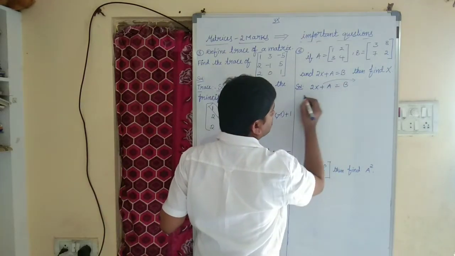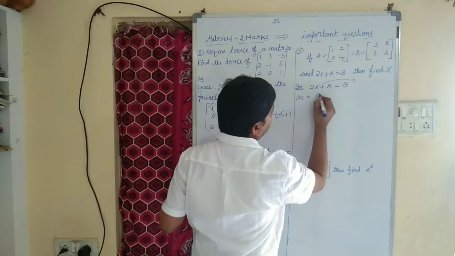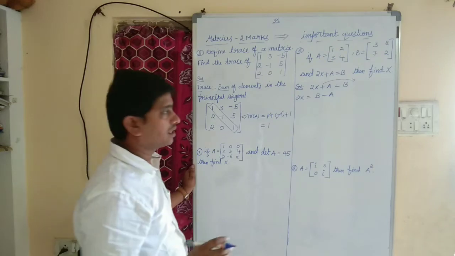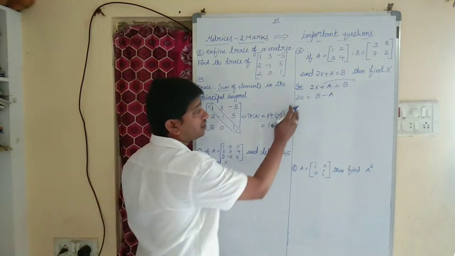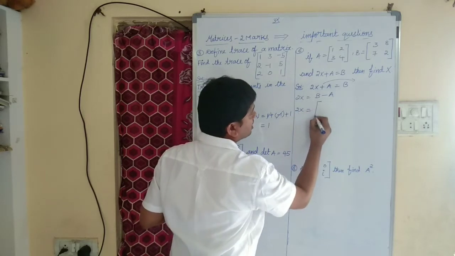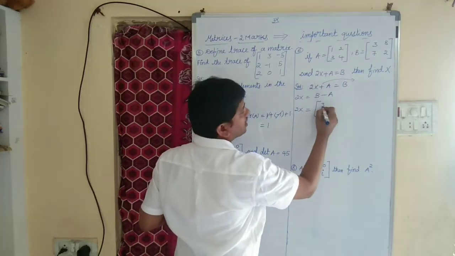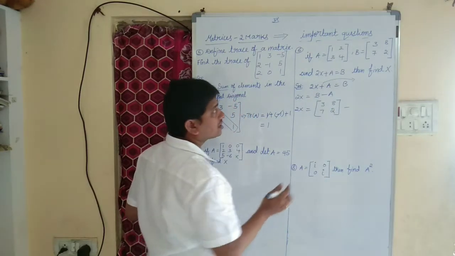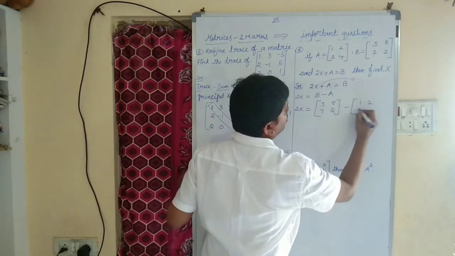Plus A here you transpose. So 2X equal to B minus A. Right? Actually we need to find the value of X. Let us find out. So 2X equal to what is given matrix B? Matrix B is 3, 8, 7, 2 minus matrix A is 1, 2, 3, 4.